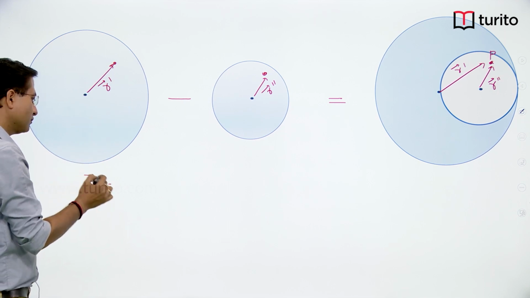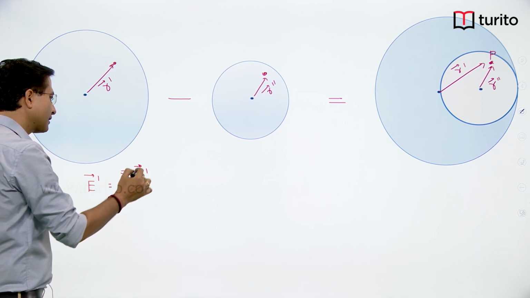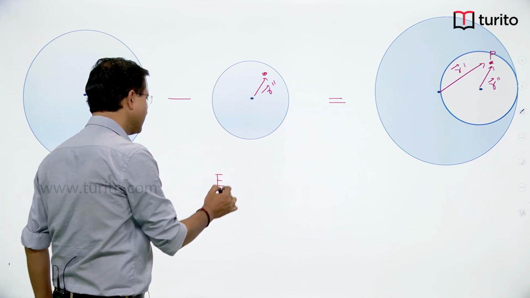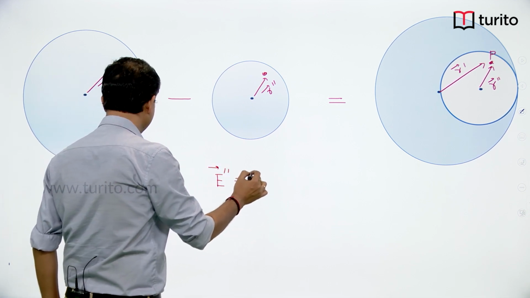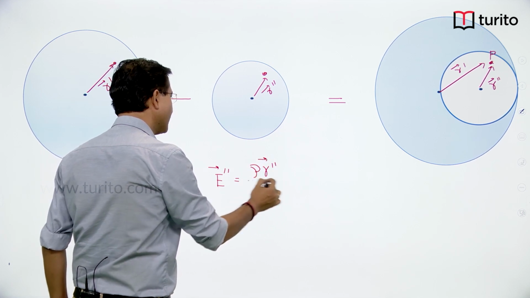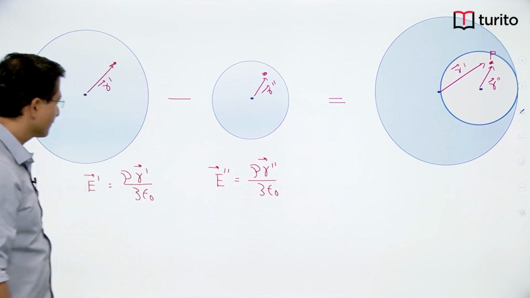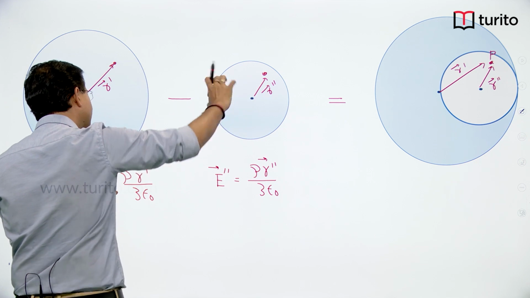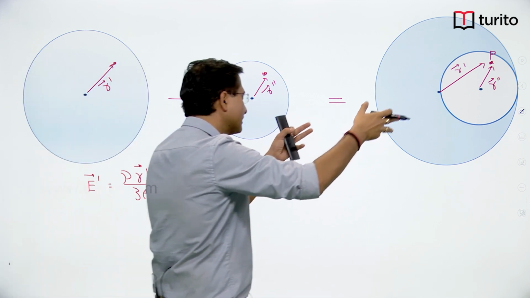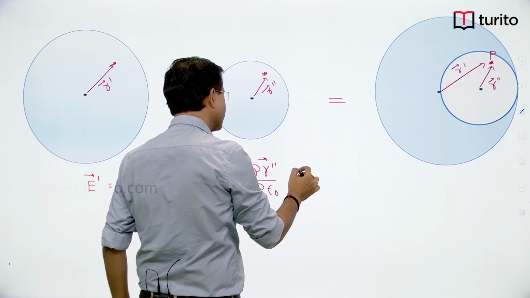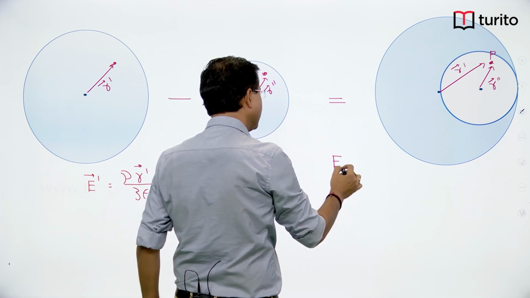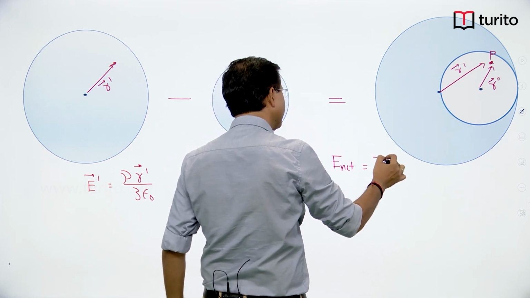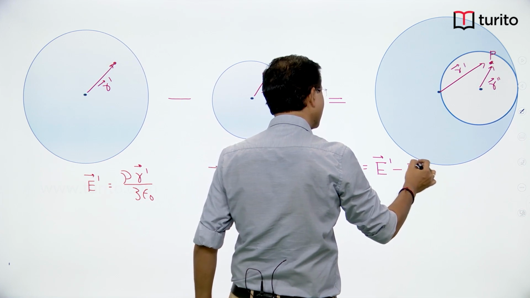So, E prime is equal to rho r prime vector upon 3 epsilon naught, and here this is E double prime, that is rho r double prime upon 3 epsilon naught. So, from this big one I need to subtract this one to get this arrangement. That means the net field at this particular point is nothing but E prime vector minus E double prime vector.